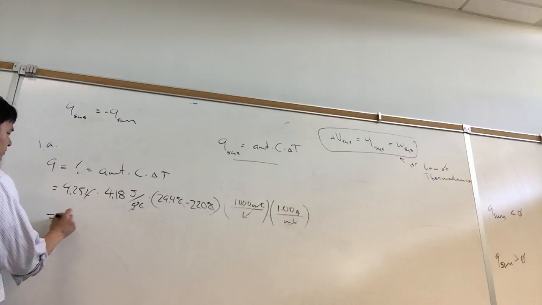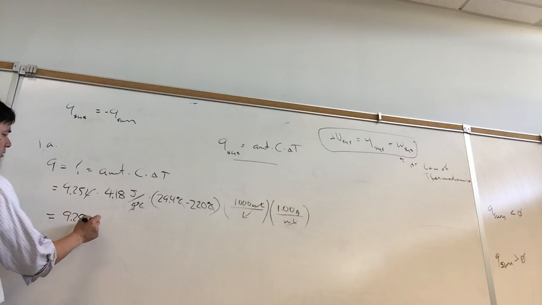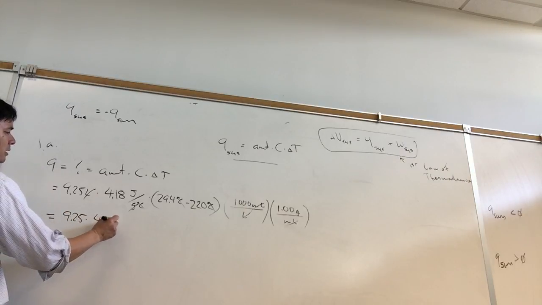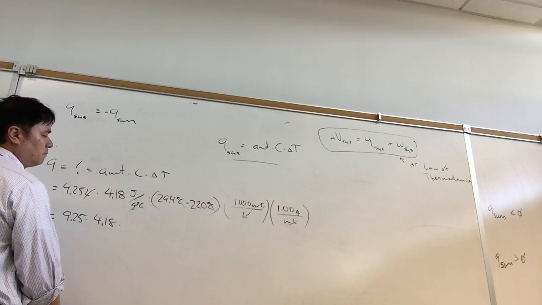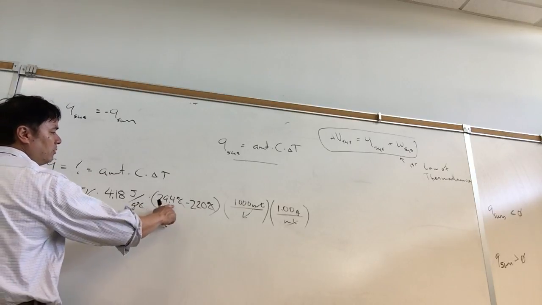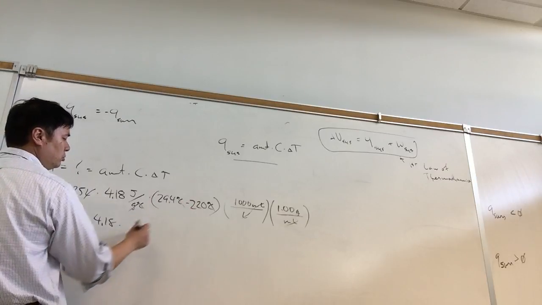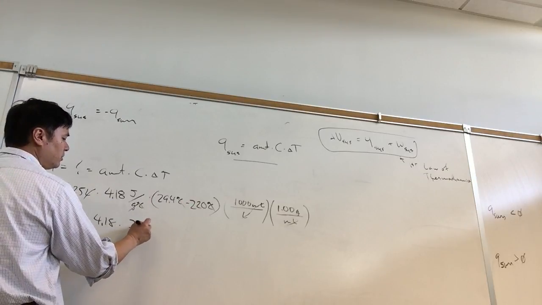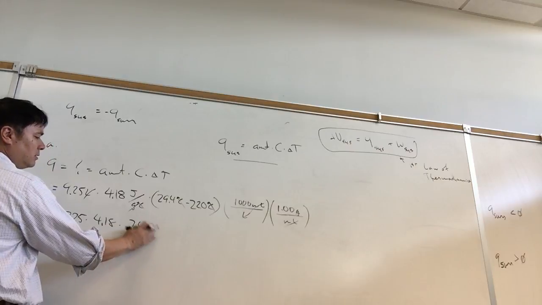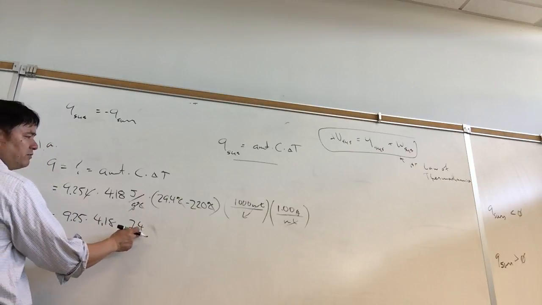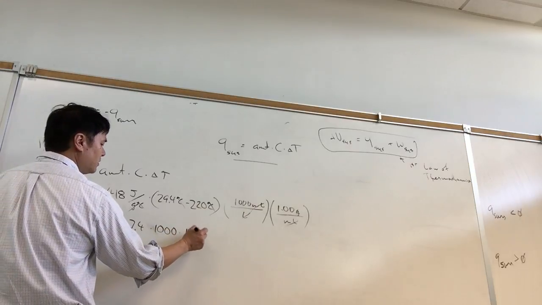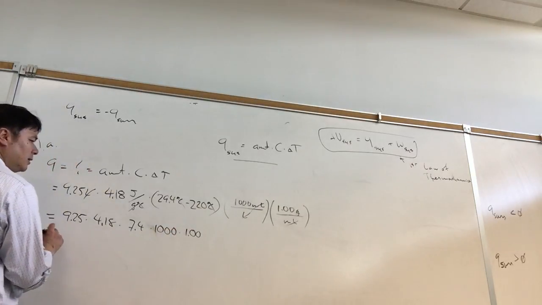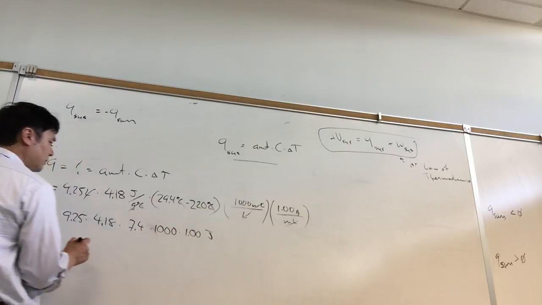And so as far as sig figs go, we've got 3 sig figs here, 3 sig figs here. How many sig figs do we have here? 29.4 minus 22 is going to give me 7.4 degrees C. So that's 2 sig figs there, infinite sig figs here, and 3 sig figs here, which means I'm only going to be allowed 2 sig figs in my final answer.